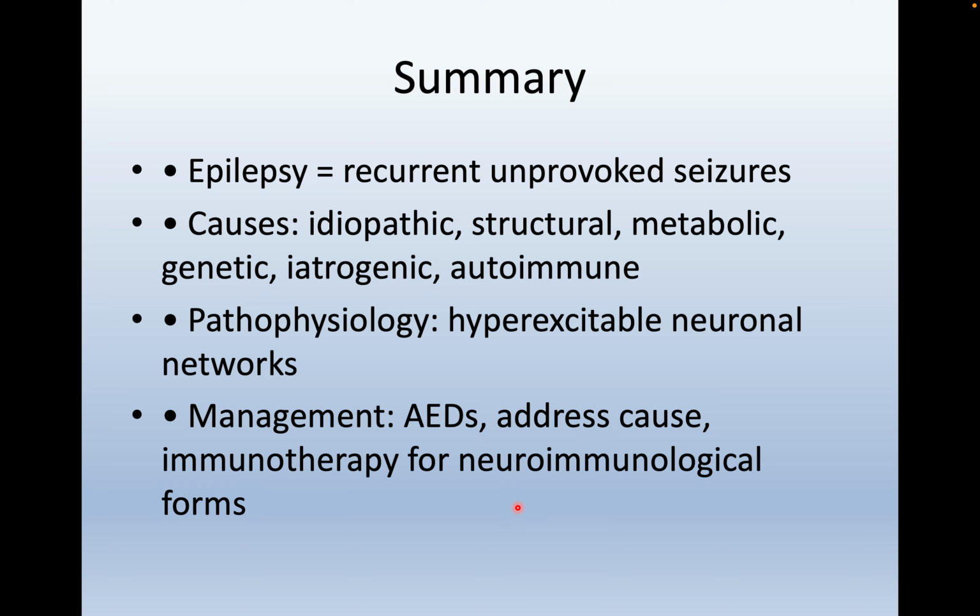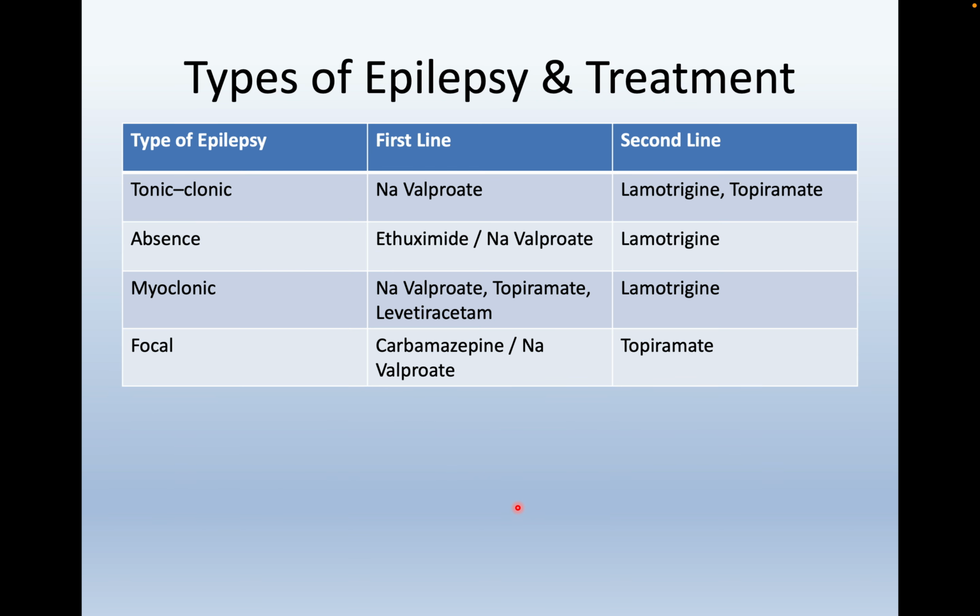Okay, so summary for our session: epilepsy is recurrent unprovoked seizures. Its causes are idiopathic, structural, metabolic, genetic, iatrogenic, and autoimmune, the pathophysiology is a hyperexcitable neuronal network, and AED management addresses the immunotherapy or whatever treatment of the underlying cause.